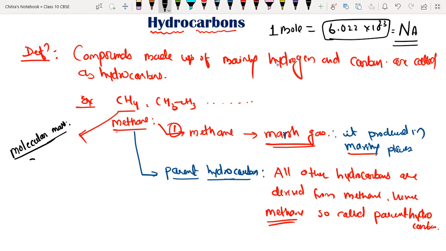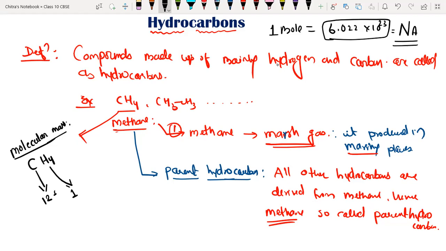So now we are going to derive the molecular mass of methane. Here we have CH4 as the molecular formula. We know the average atomic mass of carbon is 12. Plus, we know the mass of one hydrogen atom is 1, because hydrogen is the element which contains only a proton in its nucleus and no neutron. We already discussed this in the last chapter, periodic classification of elements.